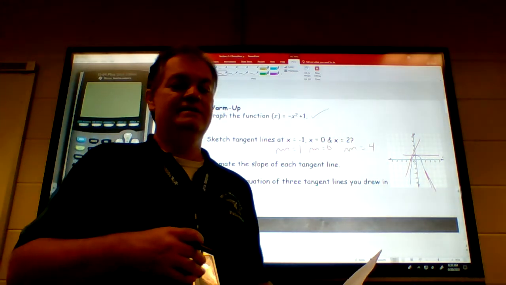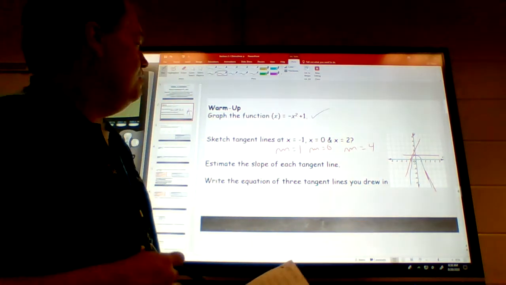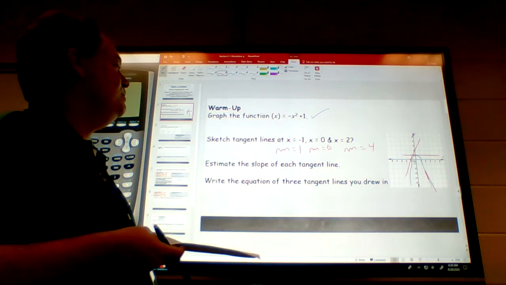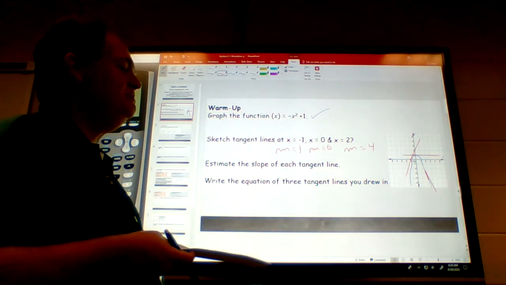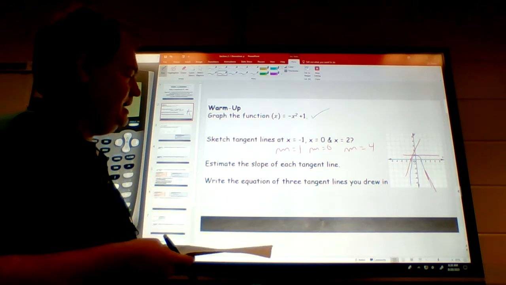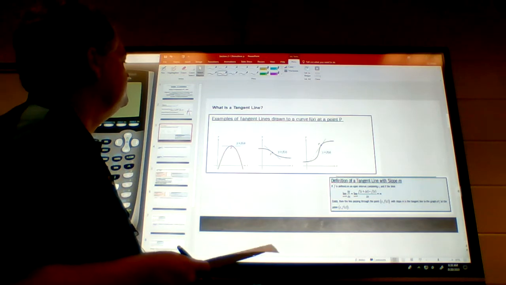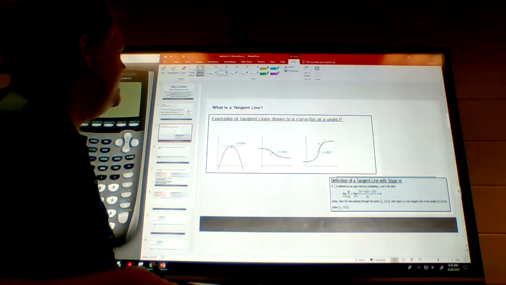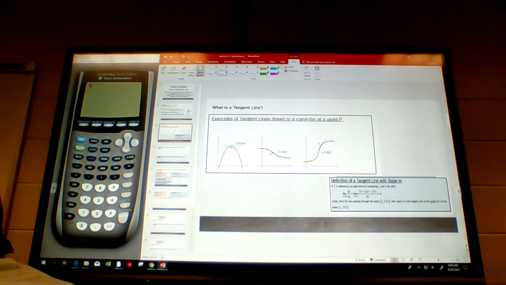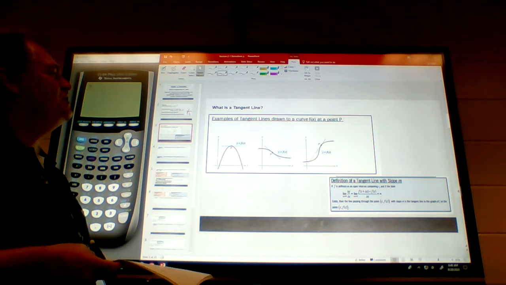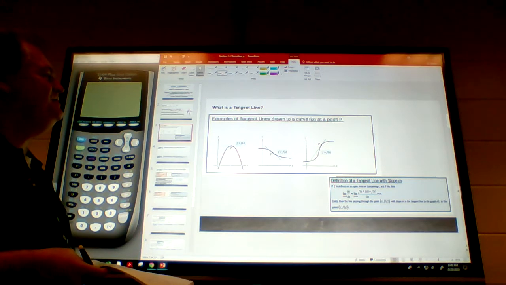Okay, now we did part 2 and we also did part 3, and then it says write the equations for the 3 tangent lines that you just drew. You can do that on your own. Okay, now what is a tangent line? Here are some examples of tangent lines. The tangent line is drawn on the curve f of x at a given point.